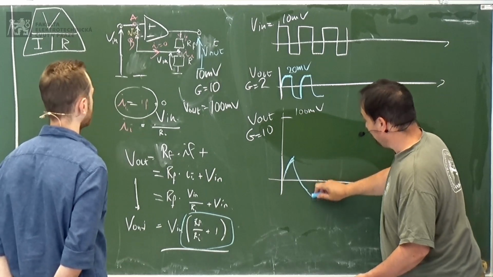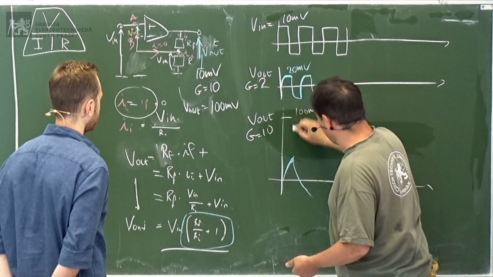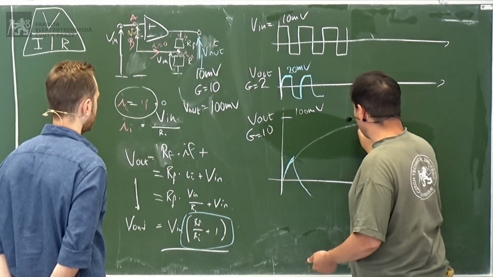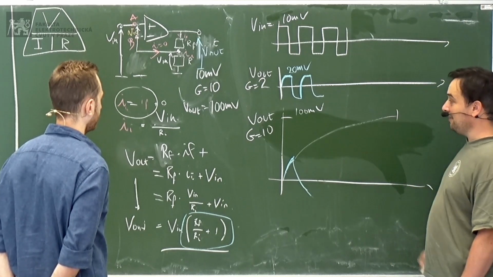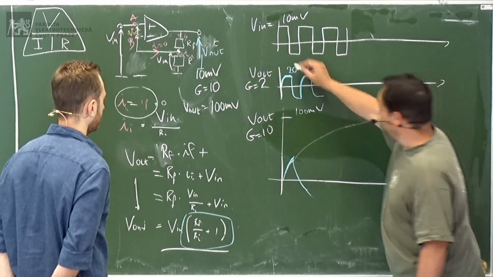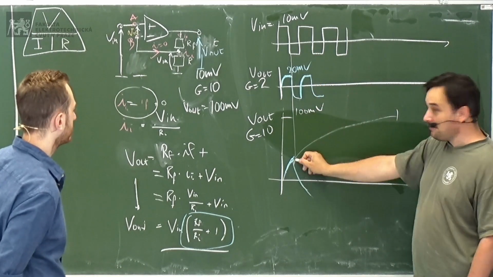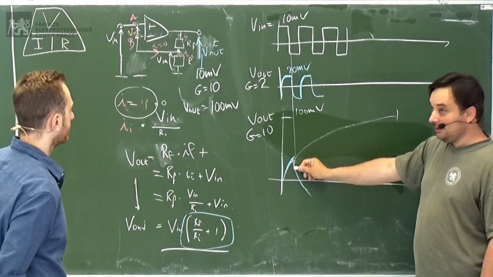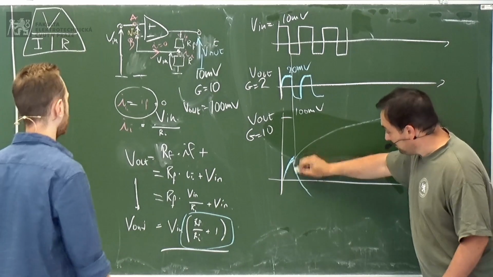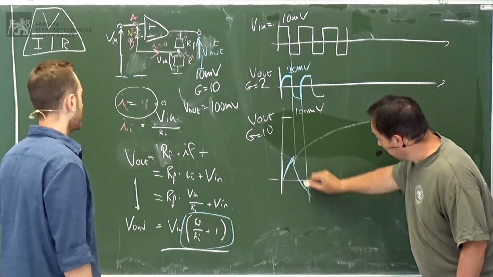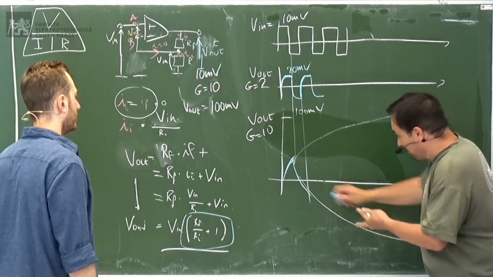So you're going to lose the signal? Yes, because it does not have time. It would need this time to arrive to 100 millivolts, but by the time you try to get to it, it's already changed to go down.